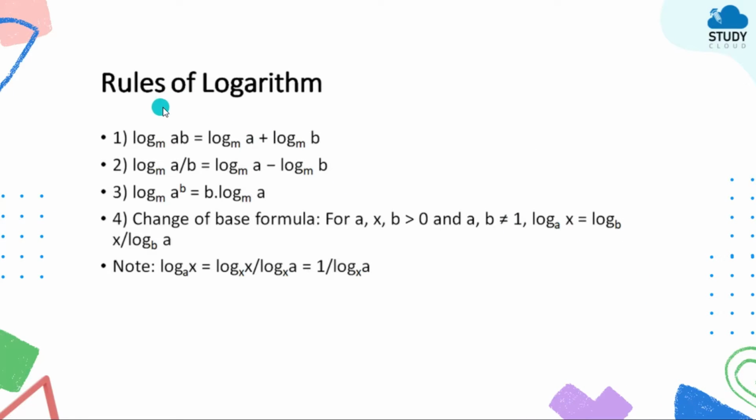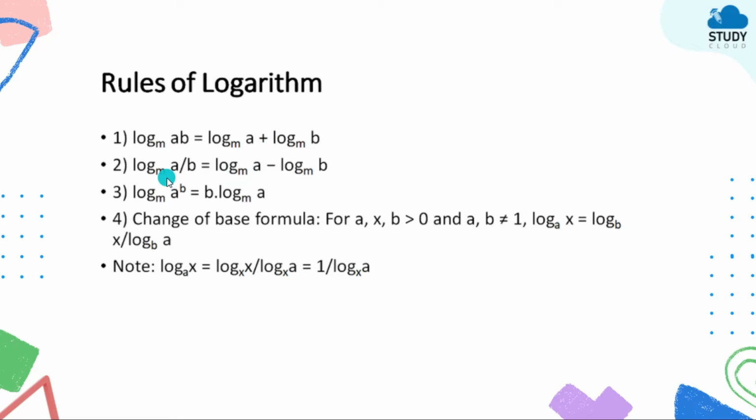Here are a few rules of logarithm. First is log_m(AB), that is equal to log_m A plus log_m B. So when there are two logs in multiplication, you separate it and add it.